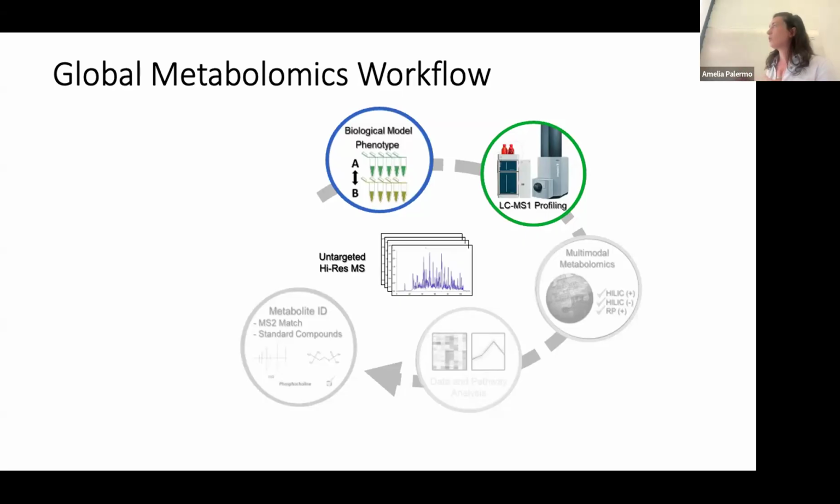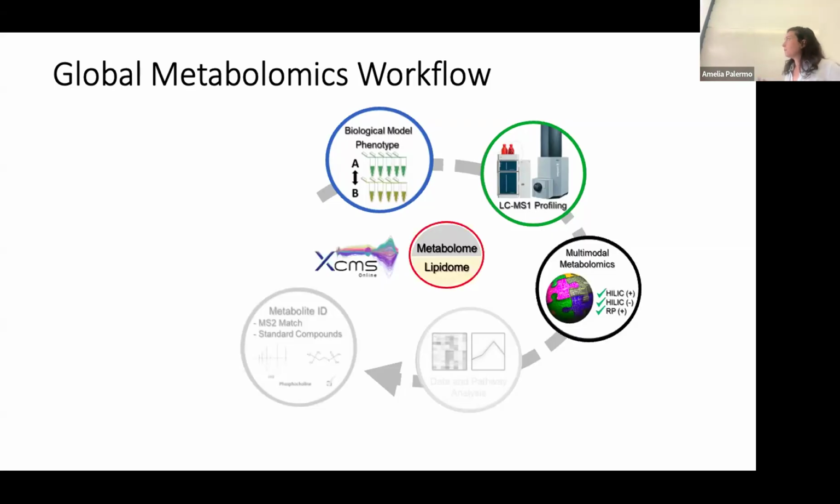And these platforms allow us to collect what are called high-resolution mass spectra that you can see in the center of this slide. A mass spectrum is a collection of the signal that is recorded from summing up all the abundances of the metabolites that we can measure in our system at a certain chromatographic time. We will look better into this concept later in the slides.